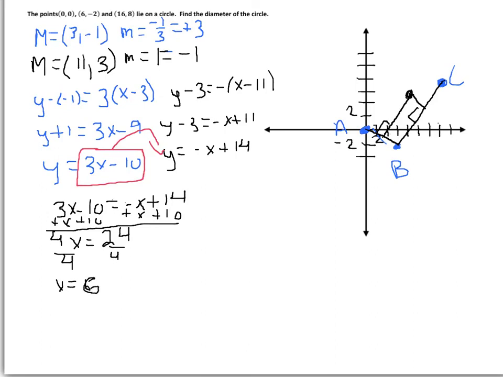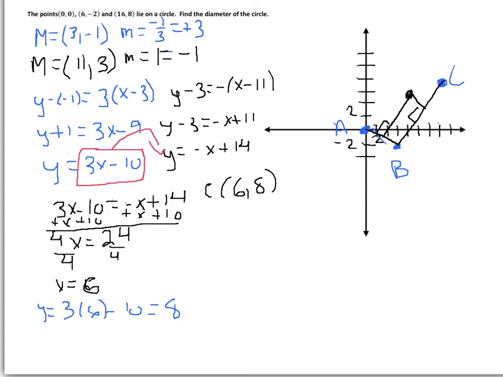Plug that into one of the equations, so y equals 3 times 6 minus 10, so y equals 8. So I know the center is 6, 8. So now to bring everything together, we've used the midpoint, the perpendicular bisector, and the distance formula.